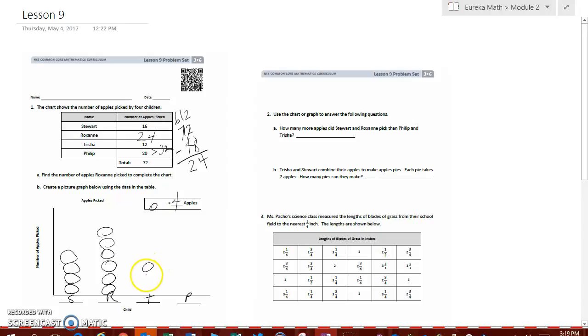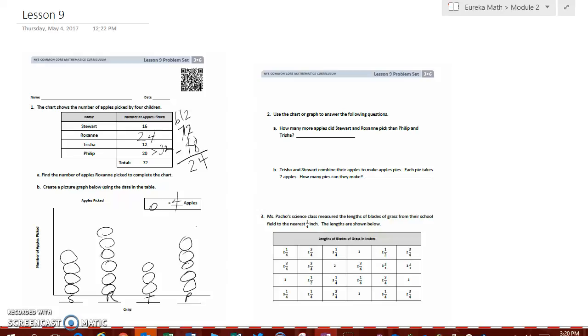I'm going to have to make that line up my 3rd circle across. And Philip, if I count by 4, I have to count 5 times to get to Philip. So I'm thinking in my head, 4 times what is 20 to come up with the number of circles. So here's at least 3, 4, and 5. Okay? So that completes our picture graph for the apple picking.